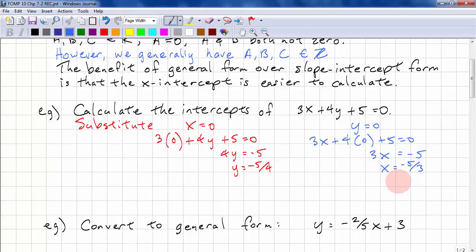The algebra is fairly simple, but if you're not able to remember, you can simply use the formulas. The x-intercept is equal to negative c over a. The y-intercept is negative b over a.